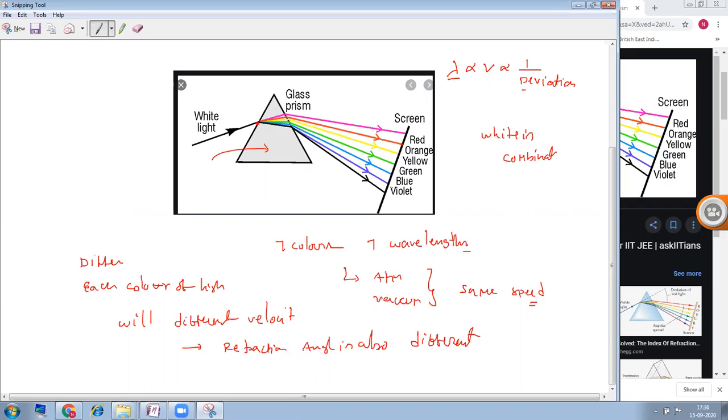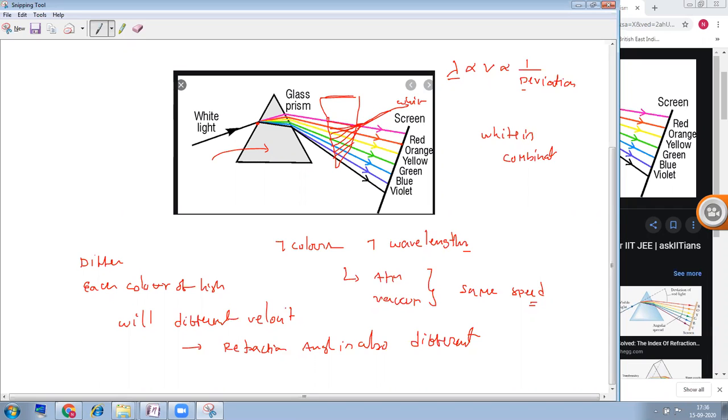If we keep another prism in this path, inverted like this, which allows all the colors to pass, all the colors will rejoin and form a single white light. This is called recombination of white light.